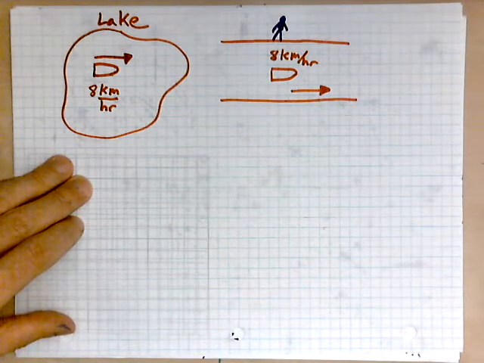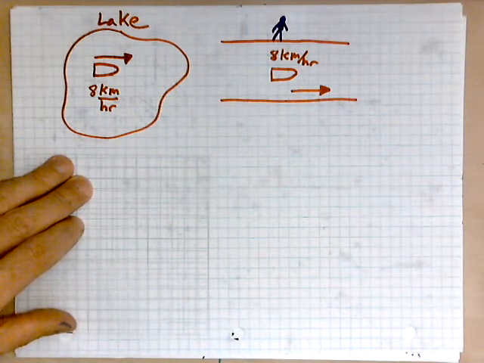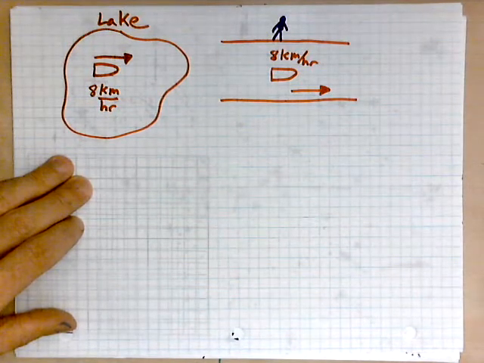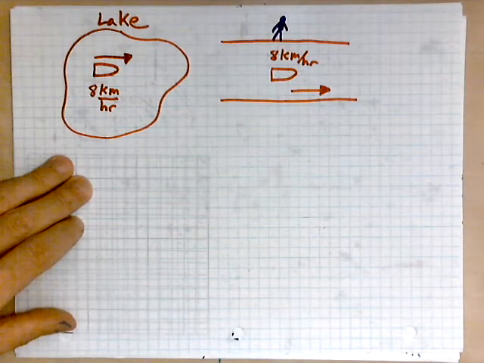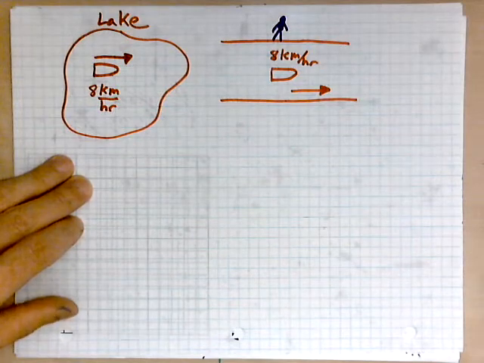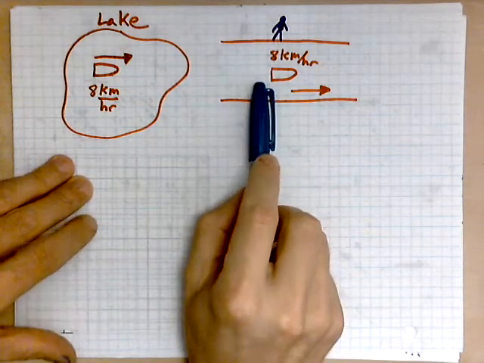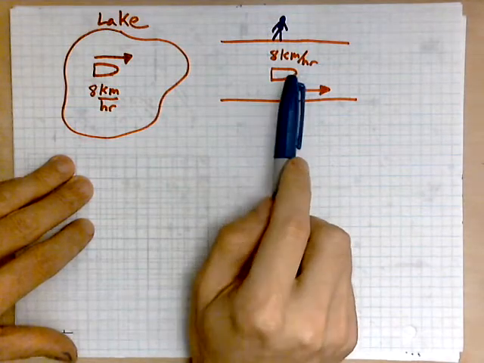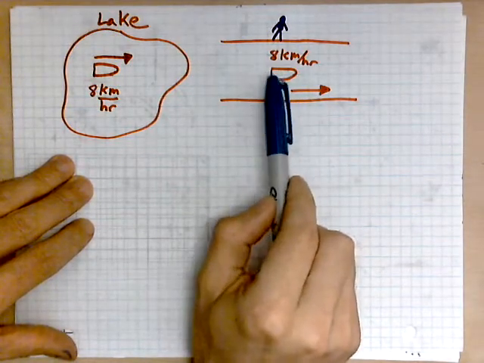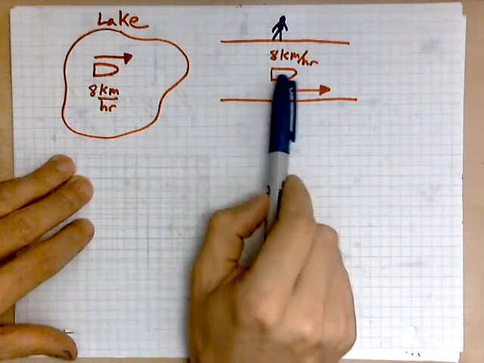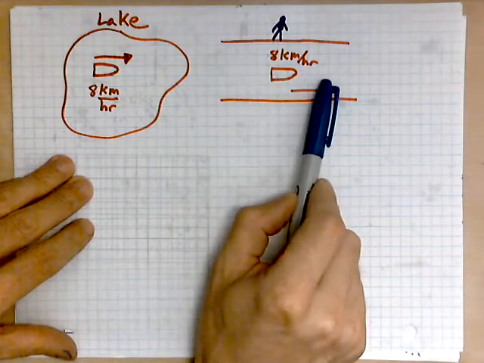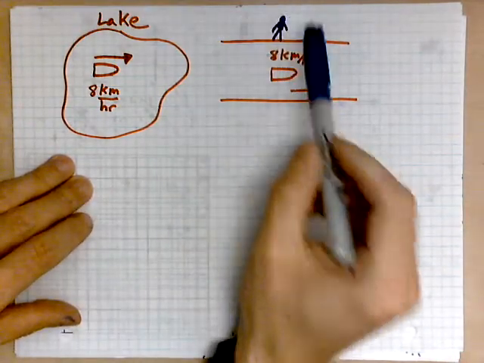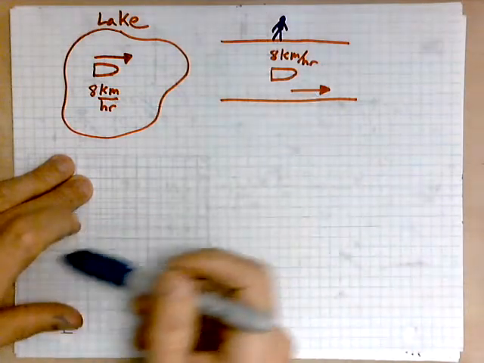So let's answer some fundamental questions about relative motion. If we could freeze the water within this river and stop it from moving, then the boat would move at simply 8 kilometers per hour. So this person here would measure the boat at that speed.